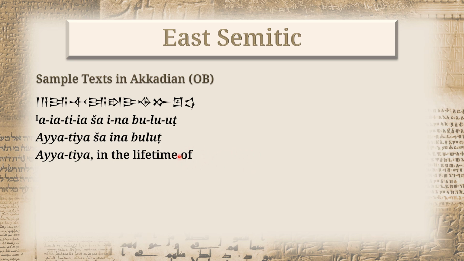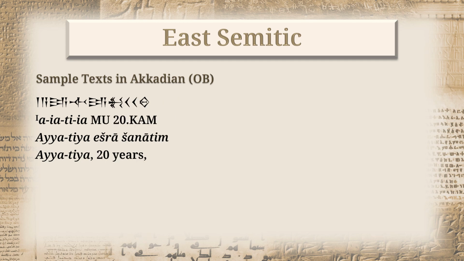It goes on. So I added the of here because I already know what comes next. So the husband of Ayatia, in the lifetime of Ayatia. And here we have mu, which means year. Shatum in Akkadian, or Shanat in the consort state.